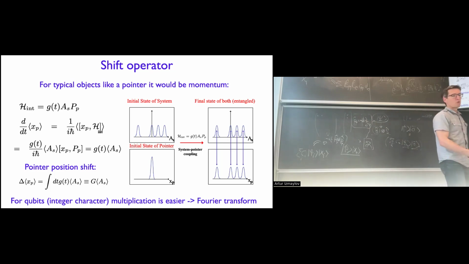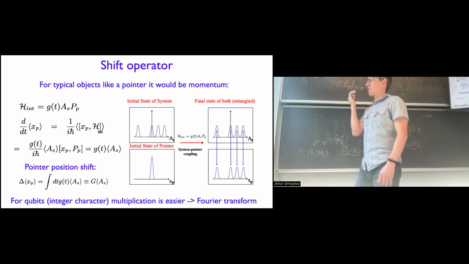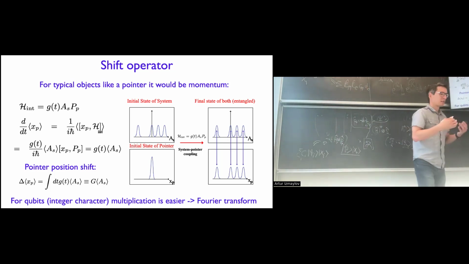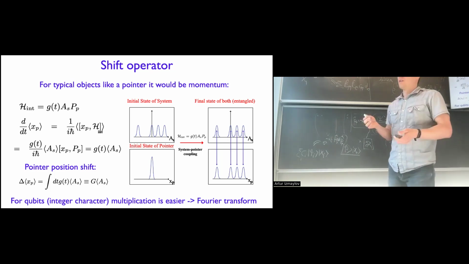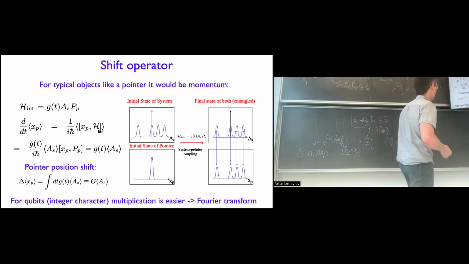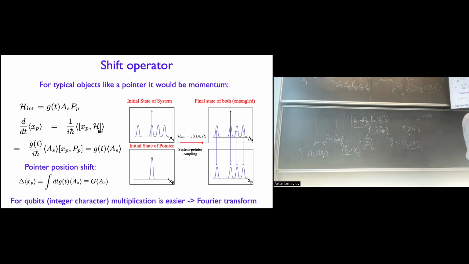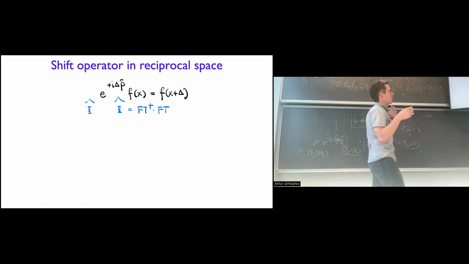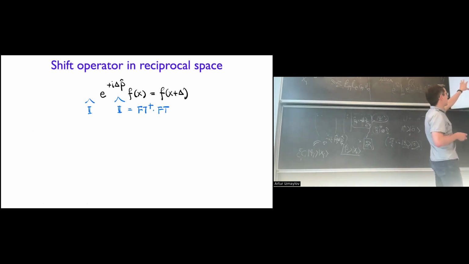And when we work with qubits, well, everything is discrete. So how do you organize the derivative that goes between 0 and 1? It's not that straightforward. But it turns out what helps is to go into the Fourier space or reciprocal space and introduce, instead of this shift operator that we can organize using momentum, right?